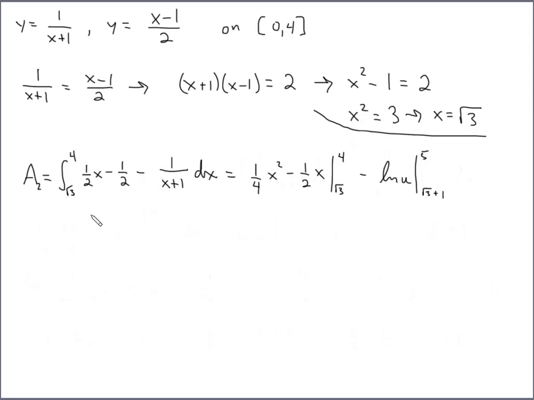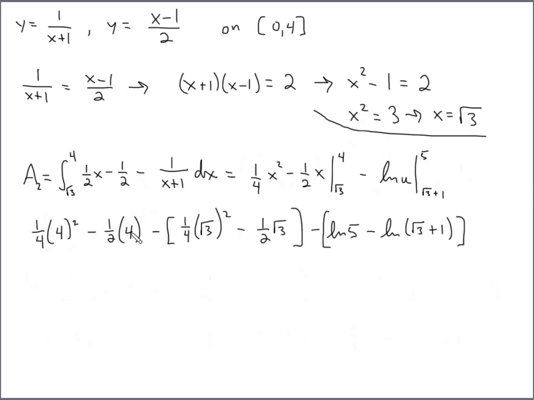Okay, so now if we plug all that stuff in, we get all of this. So this is the plugging in 4 minus plugging in 3 minus this one ln 5 minus ln root 3 plus 1.